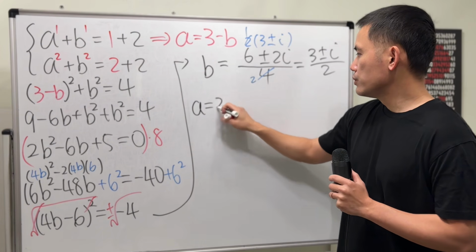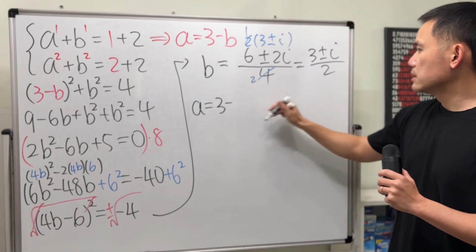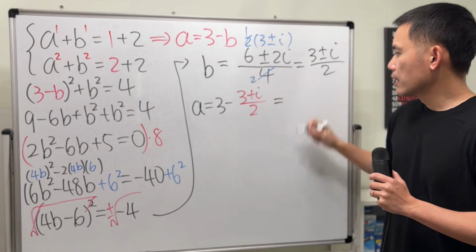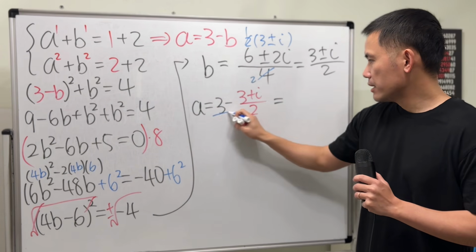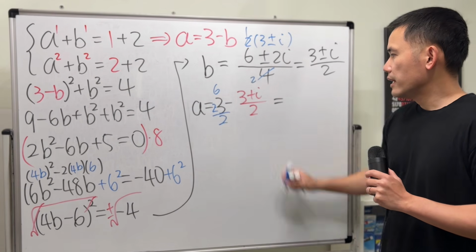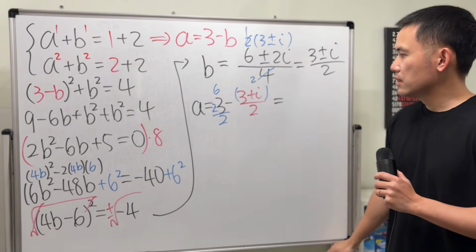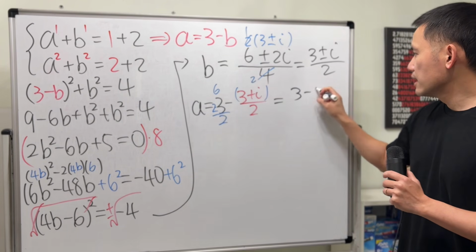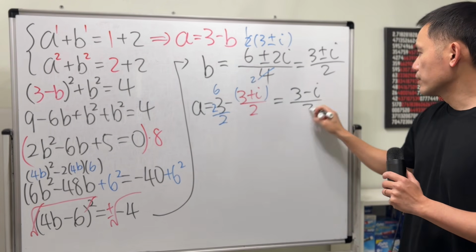A is equal to 3 minus, the first b is (3 plus i) over 2. Okay, let's get the common denominator, which is the 2 here, 2 here, so that will be a 6. And then we have to distribute this. 6 minus 3, we get the 3 minus i, and then the same denominator over 2.